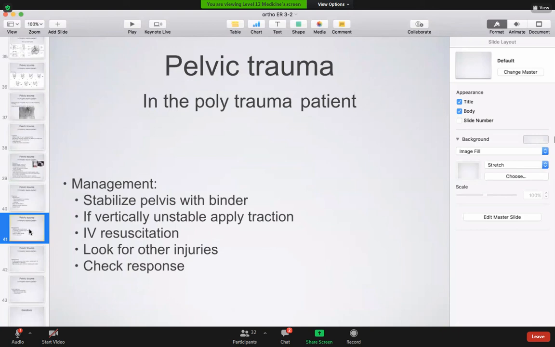So management: stabilize the pelvis first with a binder. If vertically unstable, apply traction. IV resuscitation is also very important. Look for other injuries and check for the response.